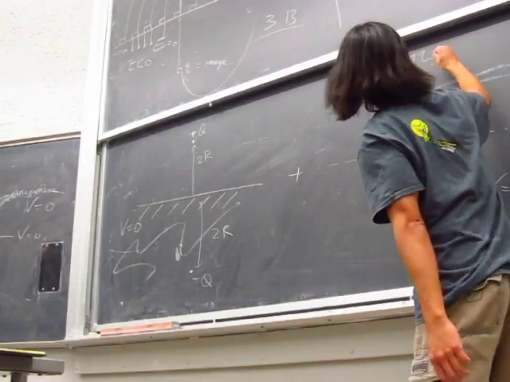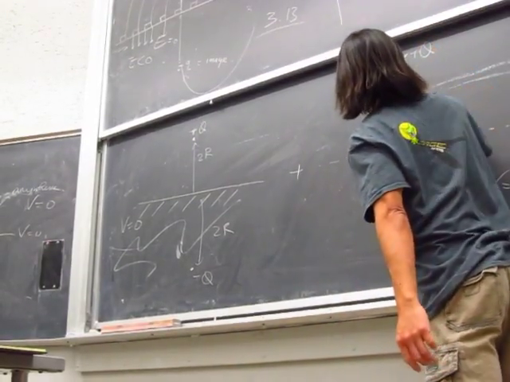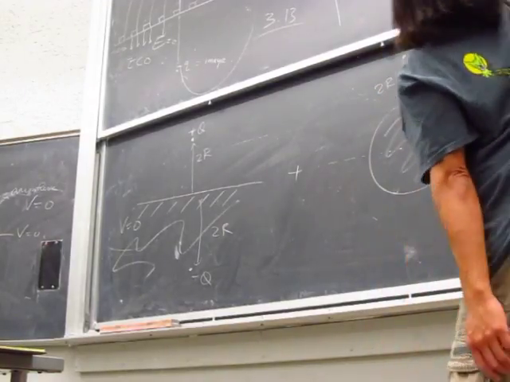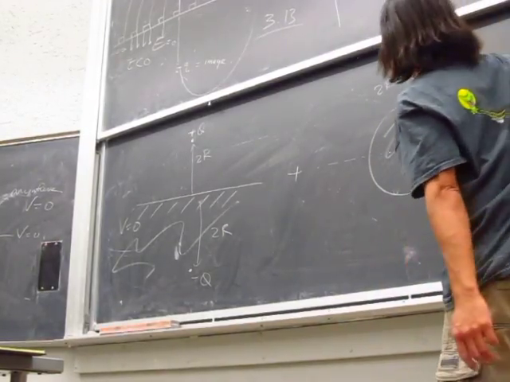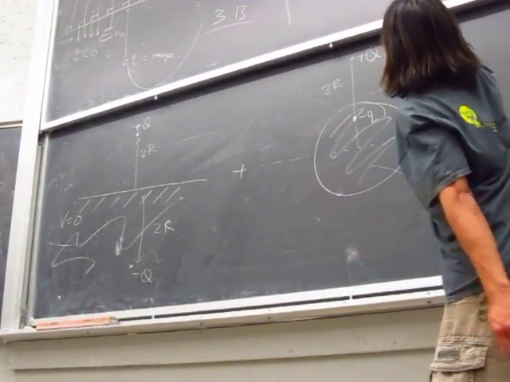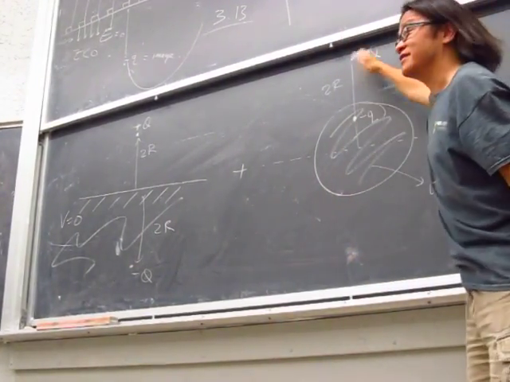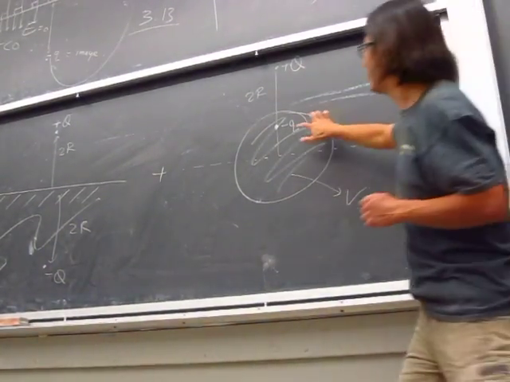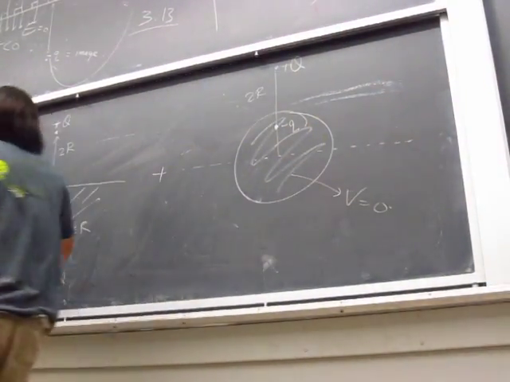Here you have an image charge over here. Just follow that equation from before. So you have minus q here, and then use those relations to find the distances. Let's not bother to do that now, we can do it at home. So you have minus q here and minus q.